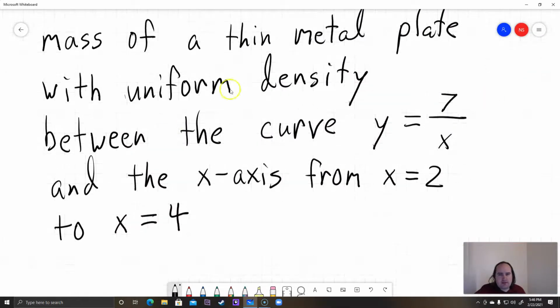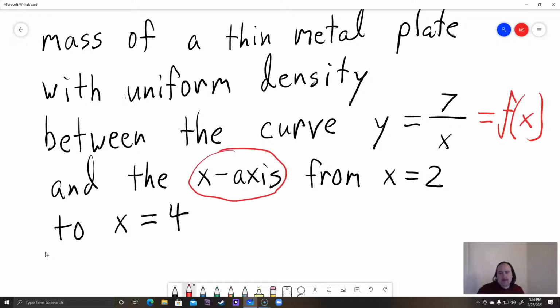Okay, so since this metal plate is between the curve y equals 7 over x and the x-axis, that means that 7 over x is actually going to be our f of x, because that's above the x-axis. And then for the x-axis, remember that the x-axis is just the same as the line y equals 0. So the x-axis is actually going to be our g of x. So that's going to be g of x equals 0, which is a horizontal line.